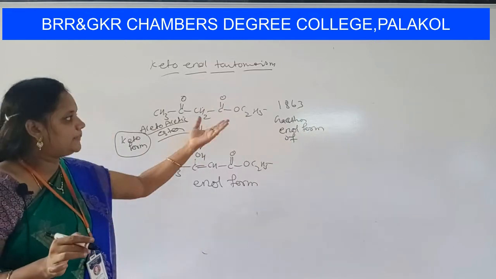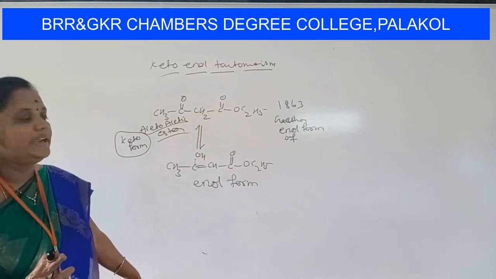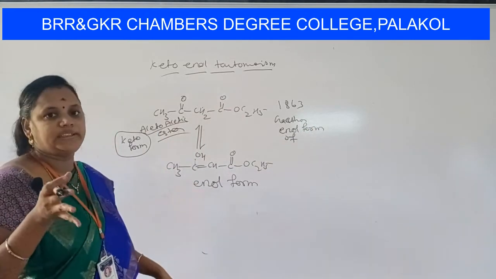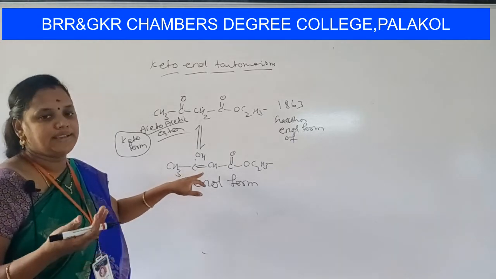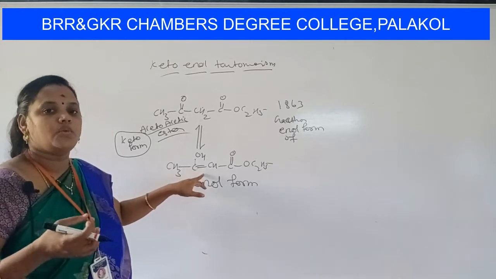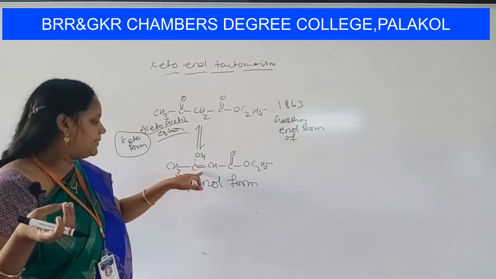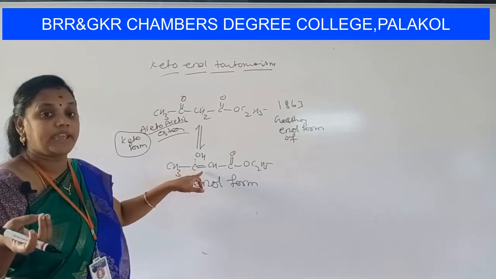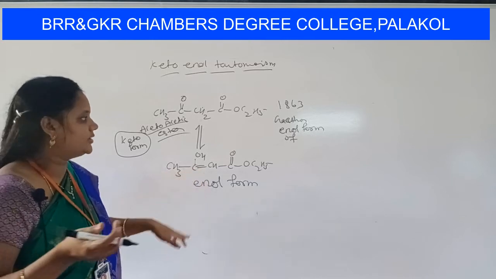Okay, first he proposed the enol form of acetoacetic ester and proved that it is the enol form by doing 2 reactions. He added KMnO4 to that enol form. So what happened? KMnO4 decolorized.